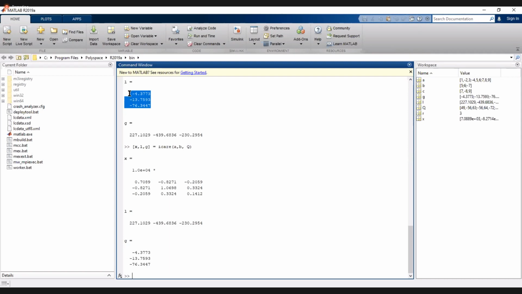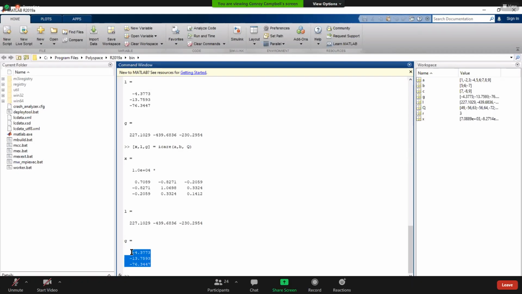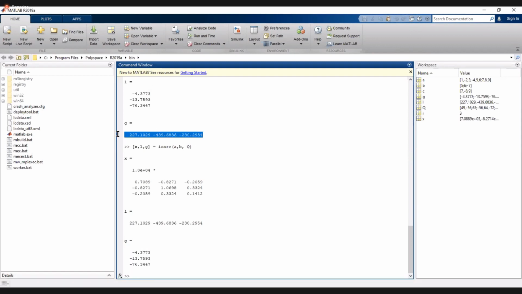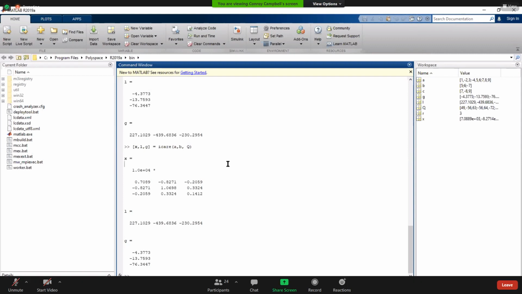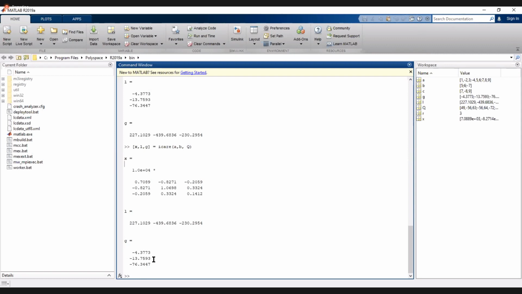Wait, so just go over a bit. Which one of them is the gain? The gains of the system are the ones with the L. In icare, the L is the gains, and the G is the eigenvalues of the matrix.